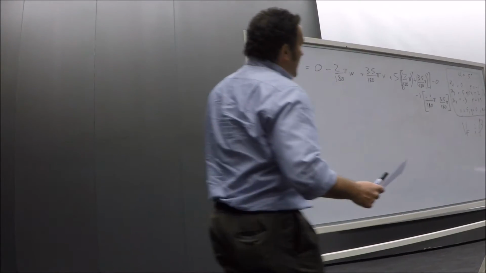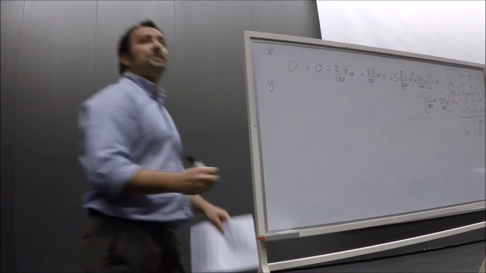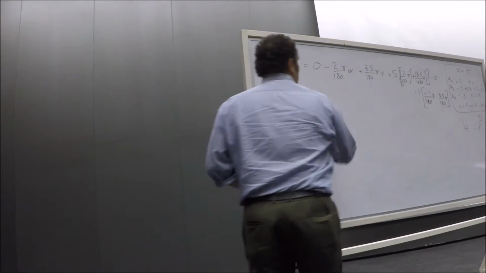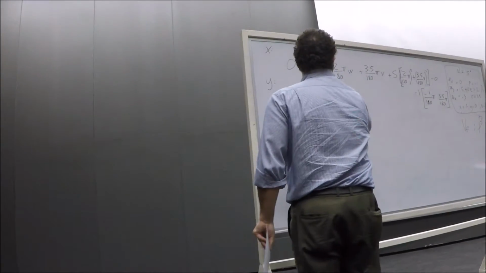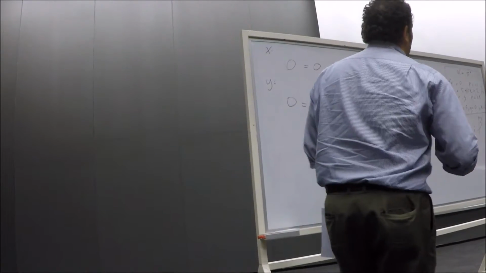So this is the first equation. Now I do for y. V dot, 0. Then we have ay, which is 5. Then we have minus r times u.